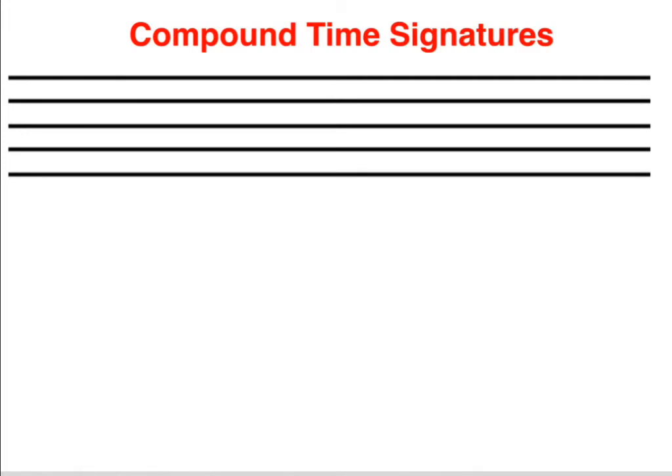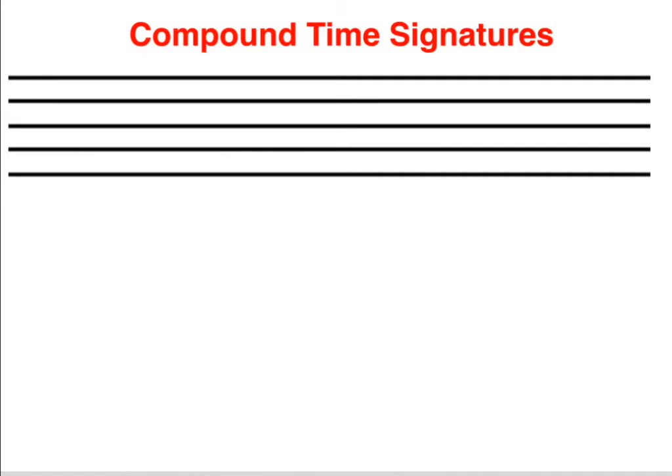And lastly, for compound time signatures, I also want to look at how we group notes and rests together. Well, basically, a silent beat in compound time can be shown in two ways. Either as a dotted crotchet rest, or as a crotchet rest followed by a quaver rest.